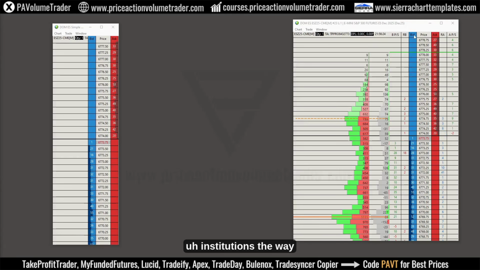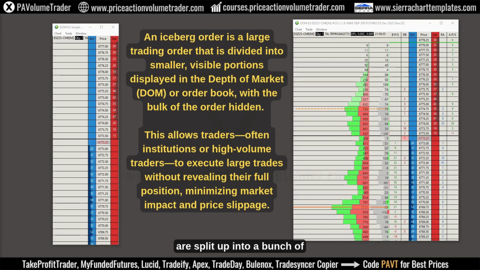But big institutions, the way they'll trade is they'll use Iceberg orders, which are large orders that are split up into a bunch of different ones.